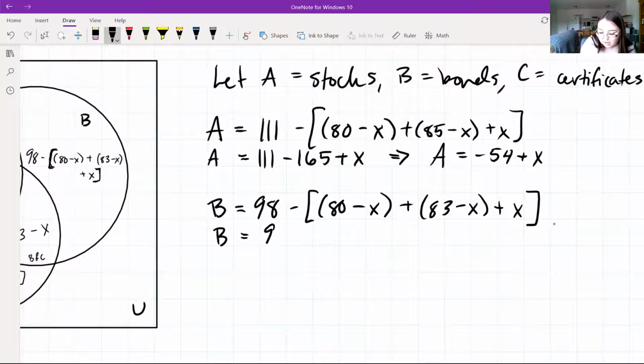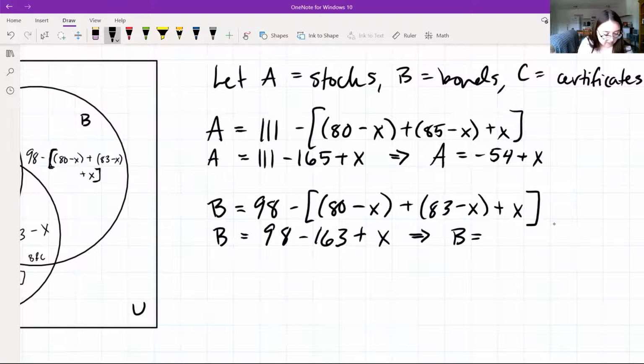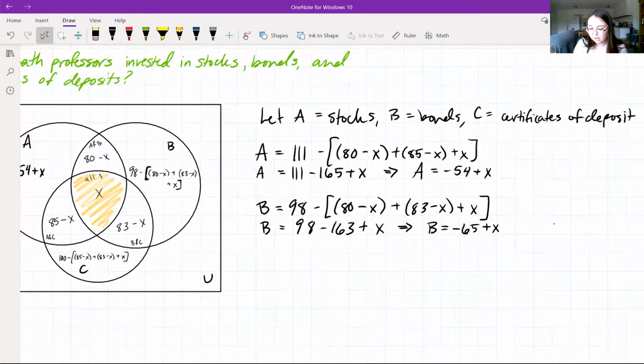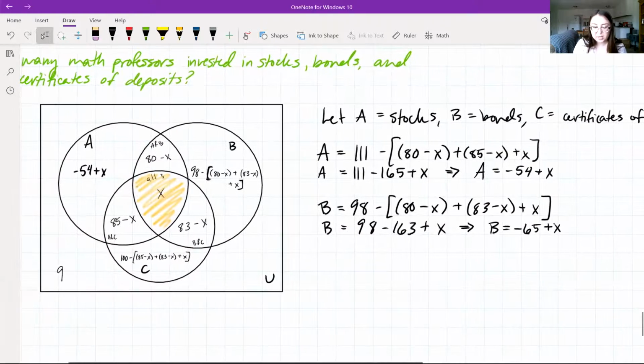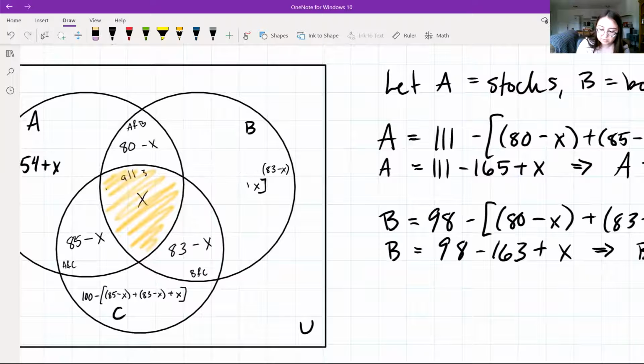This is going to give us 98 minus 163 plus x. And this is going to be equal to B is equal to negative 65 plus x. All right. So now since we know our value of B, let's replace this really long equation. So we know that B is negative 65 plus x.